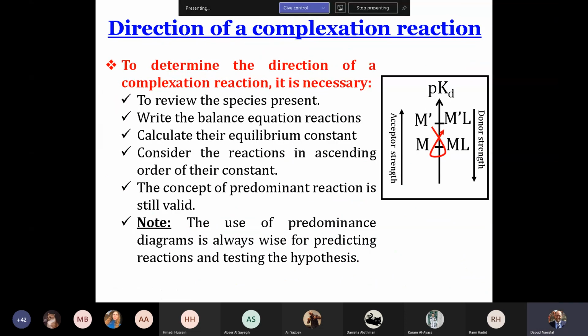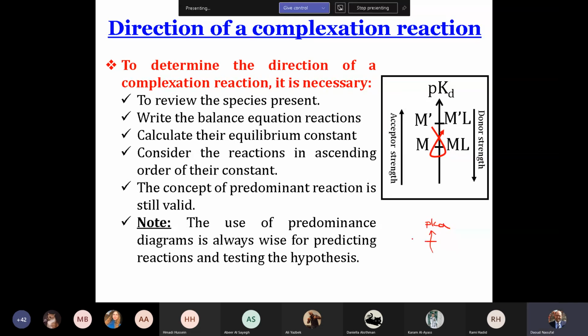Direction of the complexation reaction. How do I know the nature of the complexation reaction? I will do the analogy with the acid-base. To predict the direction of the acid-base reaction, we make an increasing scale of pKa.